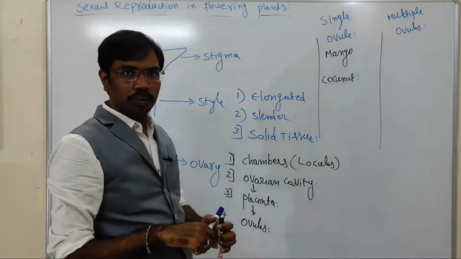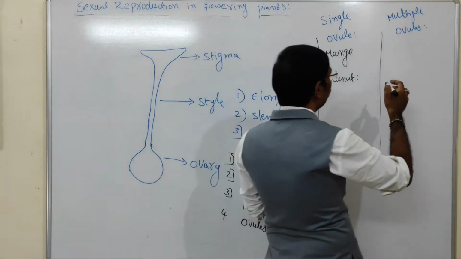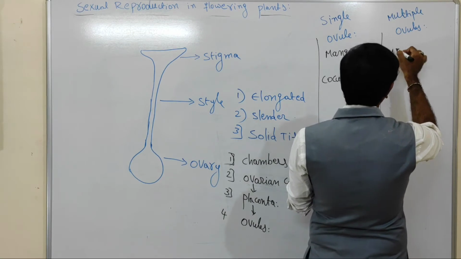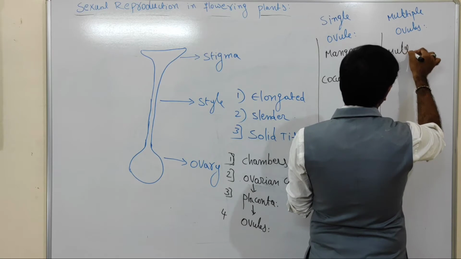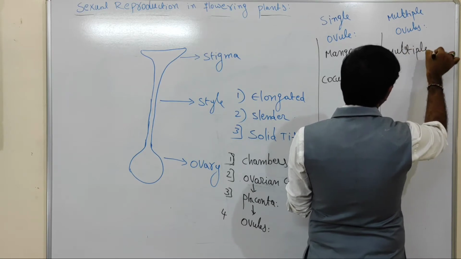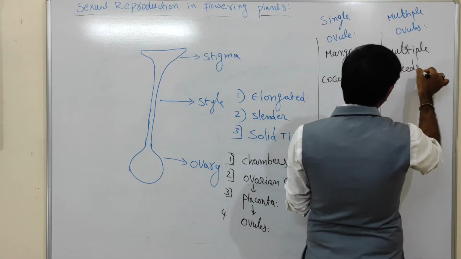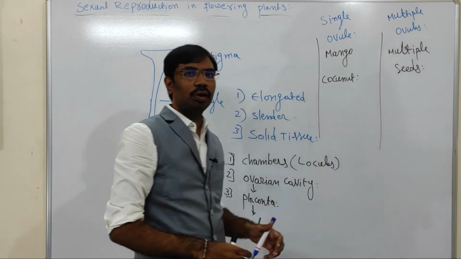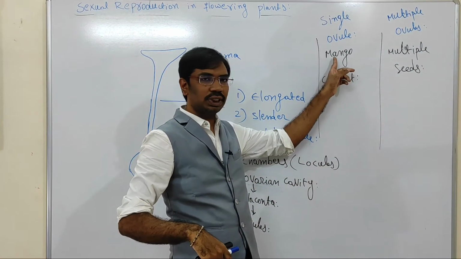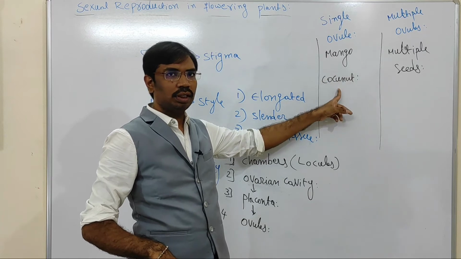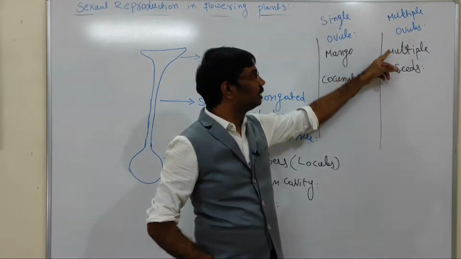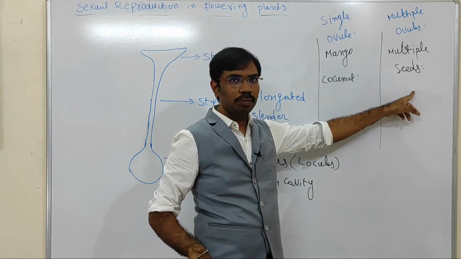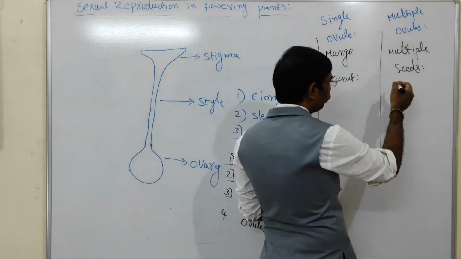When multiple ovules are present, they develop into multiple seeds. So a single ovule develops into a single seeded fruit like mango or coconut. If multiple ovules are present, it leads to the formation of multiple seeded fruits.